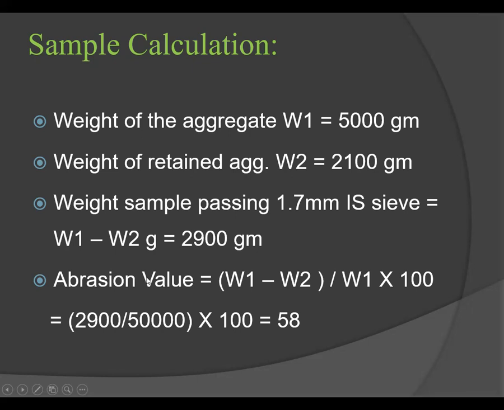From this we get the abrasion value: W1 minus W2, that is the sample passing through the 1.7 mm IS sieve, divided by W1, the weight of the aggregate, multiplied by 100. So 2900 divided by 5000, multiplied by 100, gives 58. That means our abrasion value is 58.